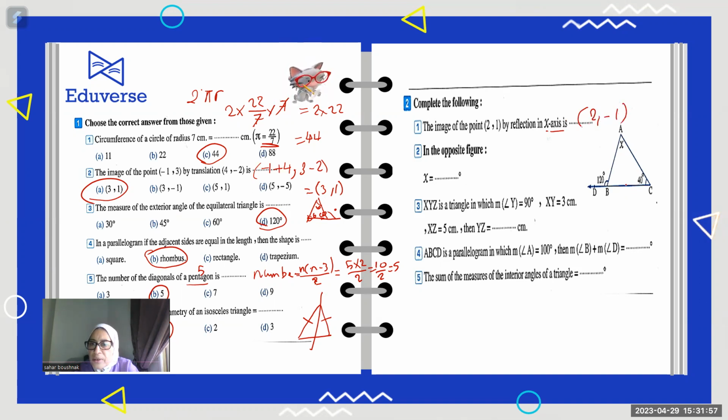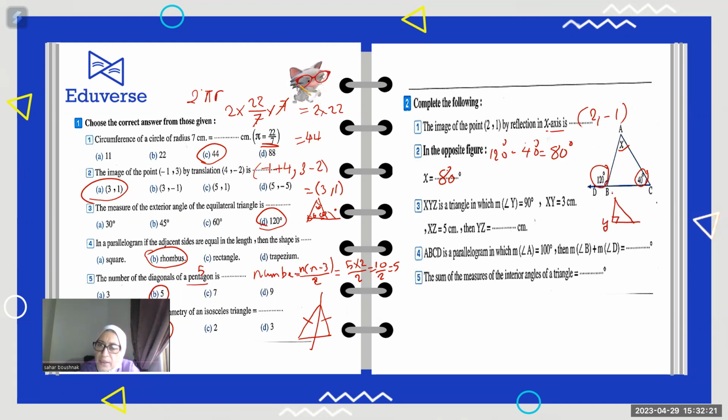In the opposite figure, find the measure of x. This is the exterior angle 120, and this is one of the interior angles. So I know that 120 minus 40, I will get 80 degrees. XYZ is a right-angled triangle at Y. So I'll write it here.